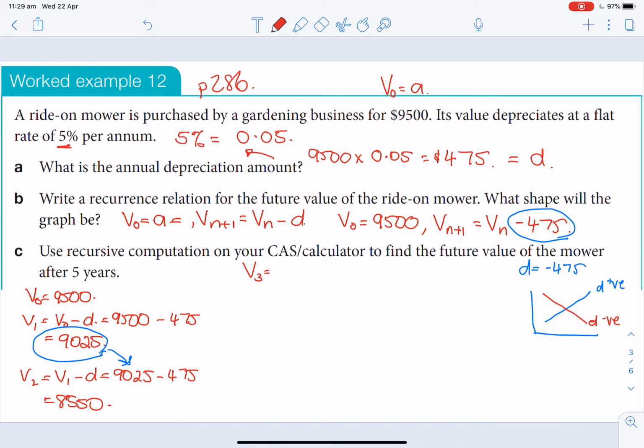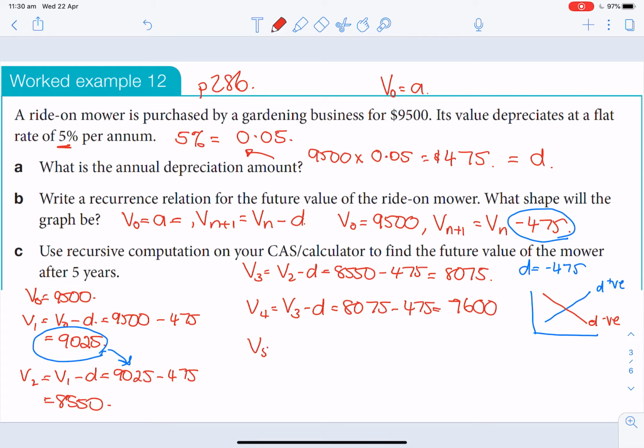So V of 3 equals V of 2, take D, which is 8,550 minus 475 equals 8,075. V of 4 is V of 3 minus D, which is 8,075 minus 475 gives you 7,600, and V of 5 equals V of 4 minus D, which is 7,600 minus 475 gives you 7,125.